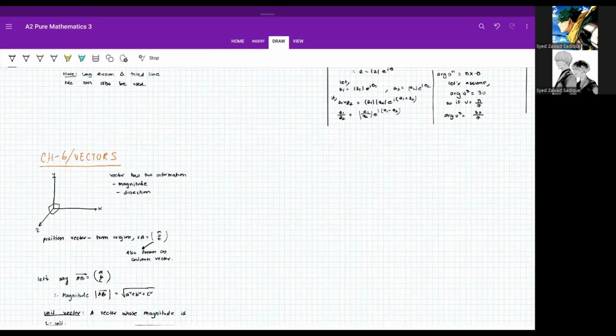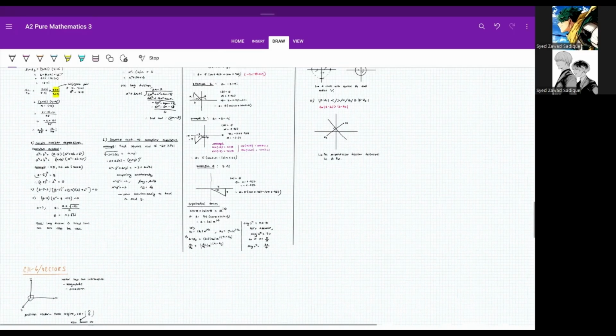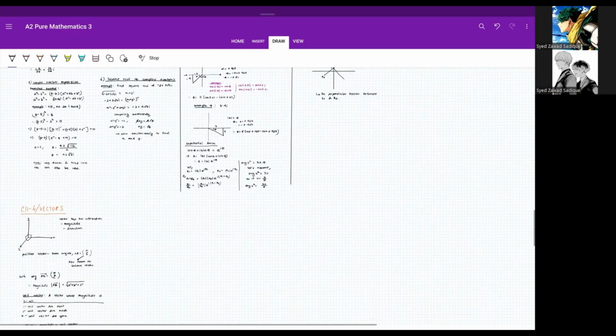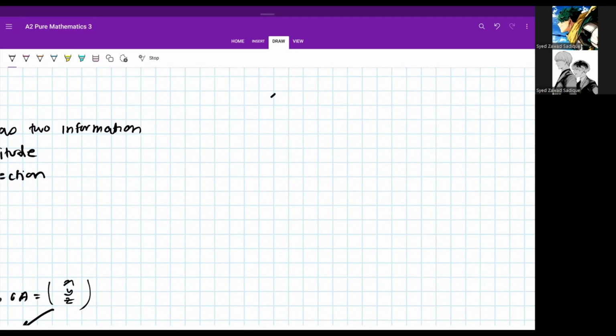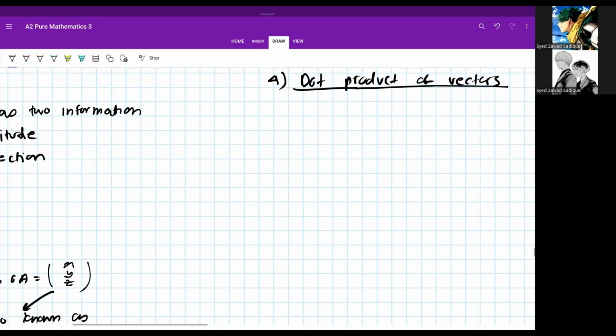Wait. All right. From here, let's start. Dot product of vectors. So what is the dot product of vectors?